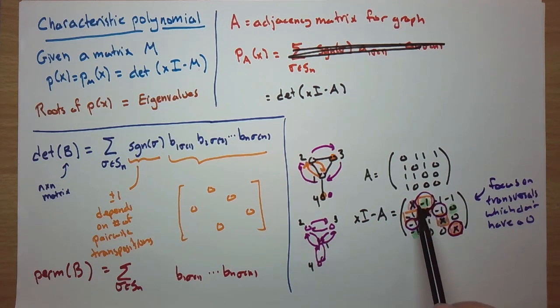But this entry is an edge. It goes 1 to 2. When I come to 2, I can't stay at 2, because that would be the diagonal. So when I look at row 2, I'm looking for a minus 1 somewhere, which tells me where to move. There's exactly one minus 1 I'm going to use in that row. Because each row is either a minus 1 or an x, or I didn't even bother to look at it.